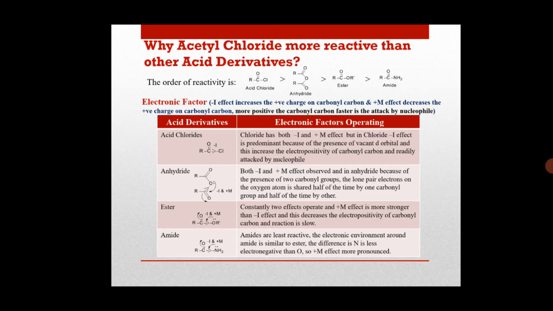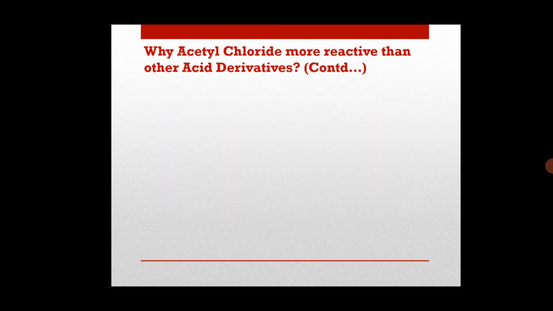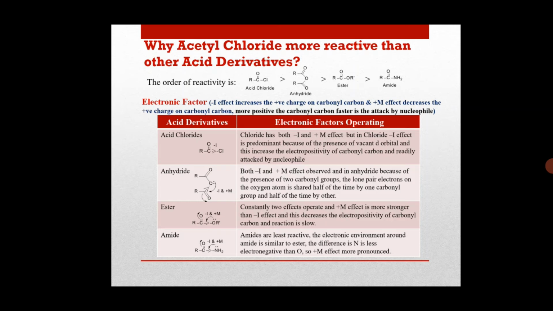But in ester, there are constantly two effects operating, -I and +M. +M is supposed to be stronger than the -I effect, and therefore it decreases the electropositivity of the carbonyl carbon, and the reaction is slow.